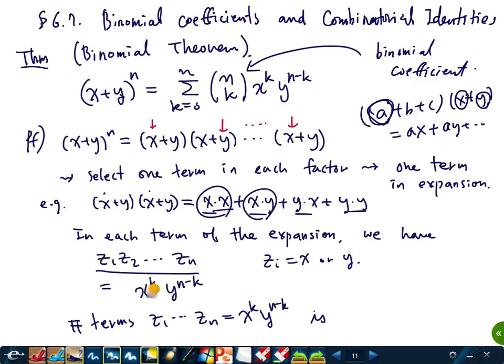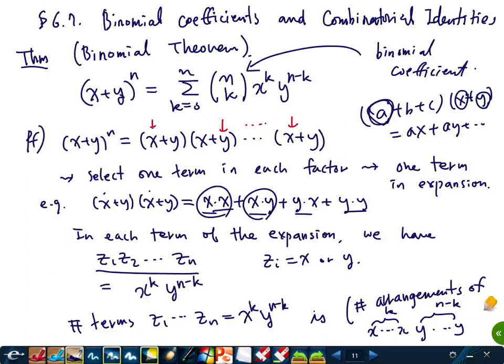This is just the arrangement of k x's and n minus k y's. This is the number of all possible arrangements of k x's like this and n minus k y's. It's like a binary sequence, right? Zeros and ones, given number of zeros, given number of ones. So we know this, which is n choose k, right?